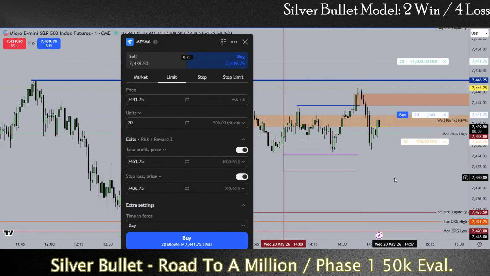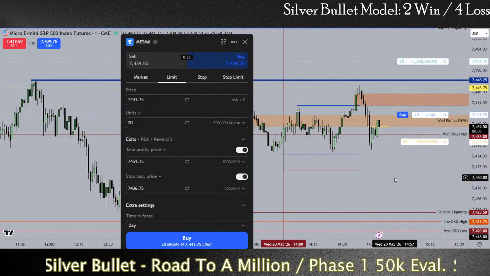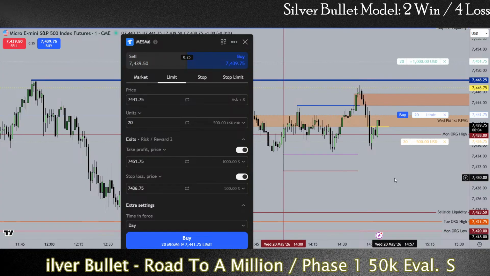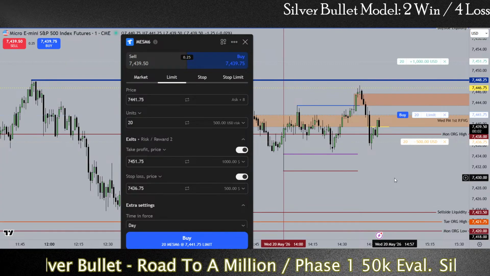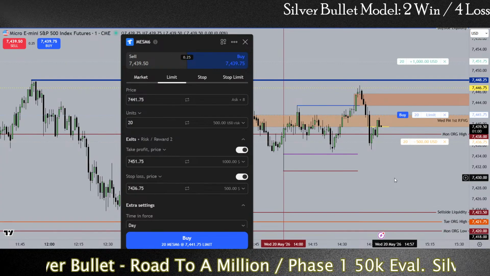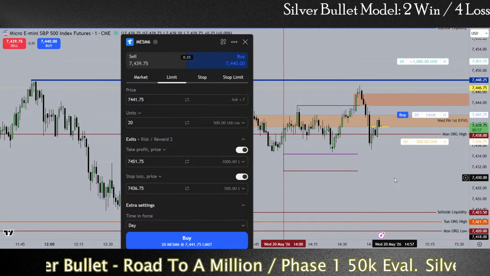Oh, I see. No. I mean, if it shows me a nice displacement here higher, I like the idea then. But if it doesn't, then I'll just pass probably.